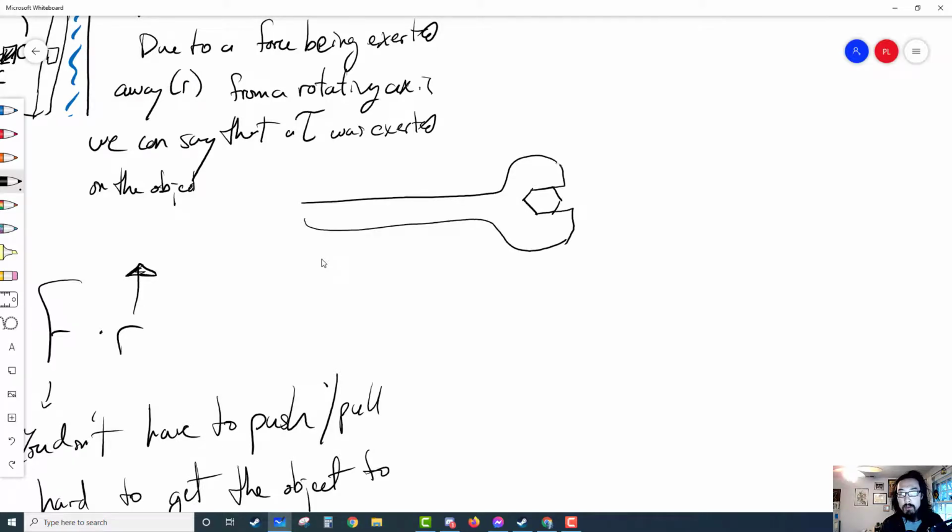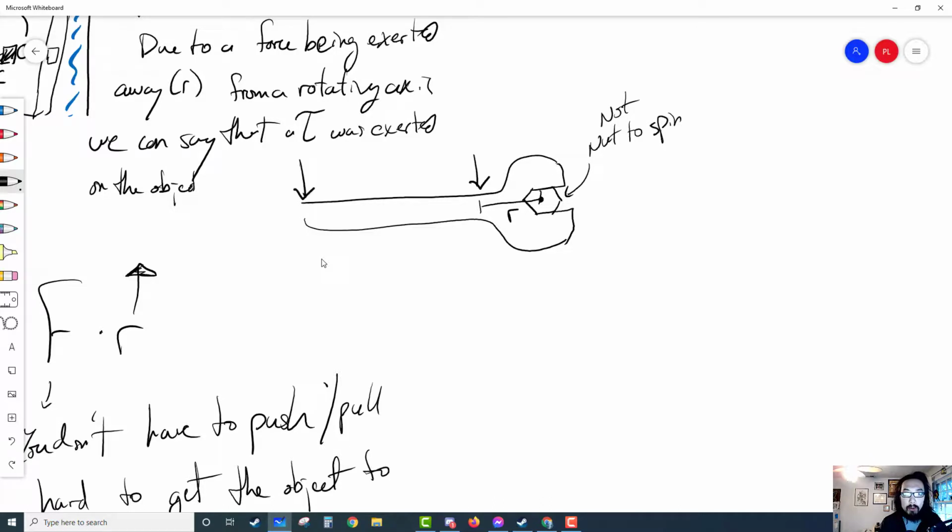There's no point in pushing down right there on the wrench because this is the axis of rotation. Look at this radius. That's a very small radius. If you're pushing down on that part of the wrench, you're not going to cause this nut to spin.